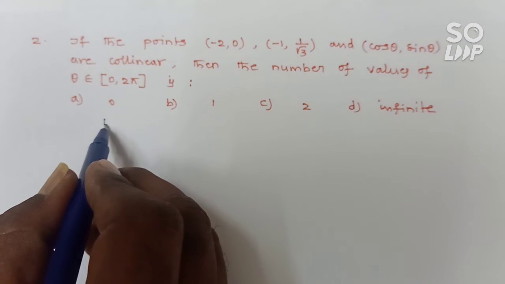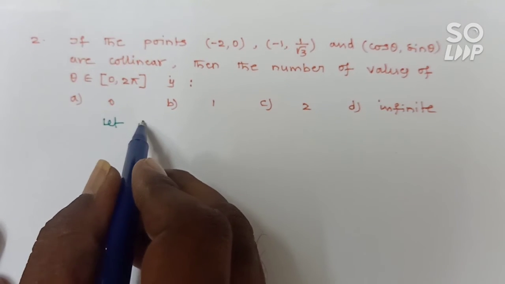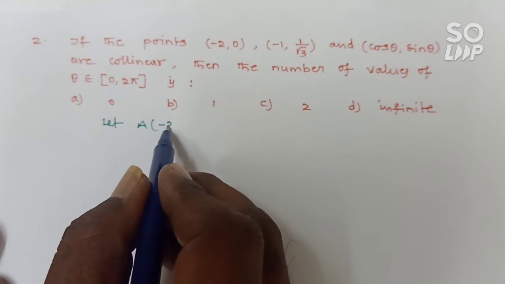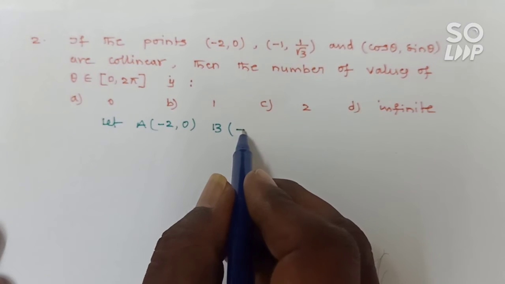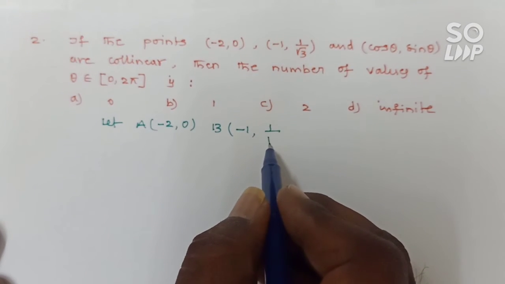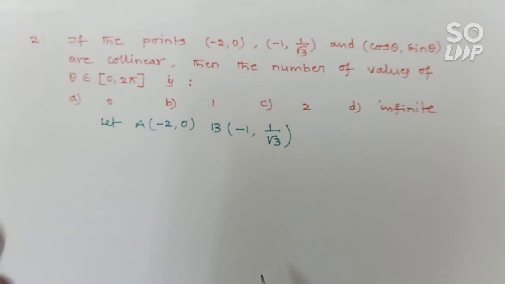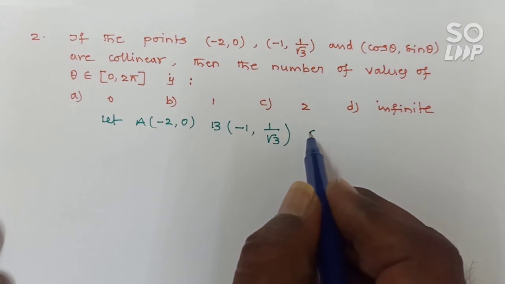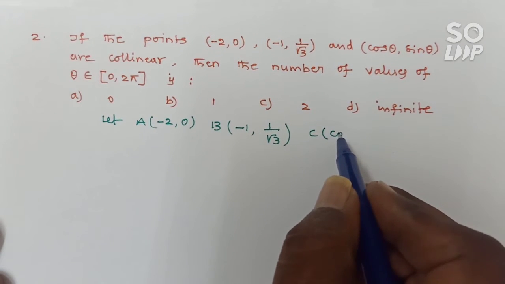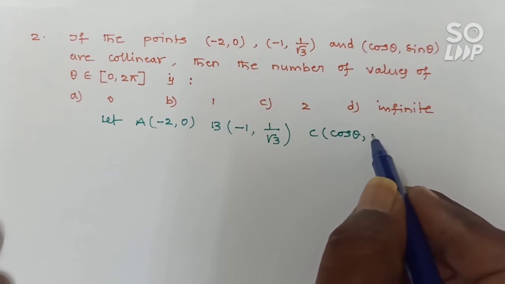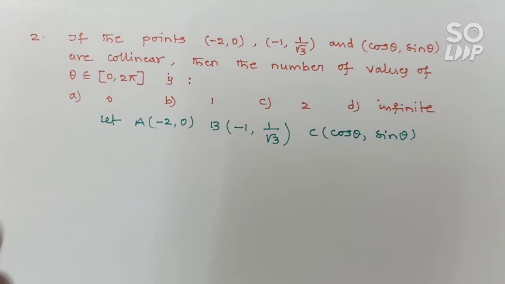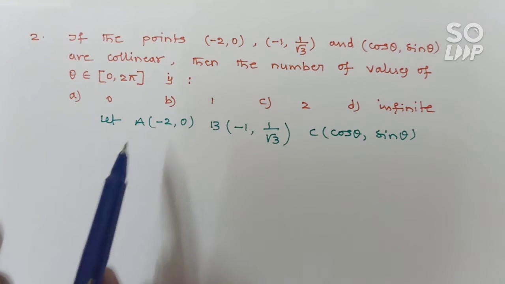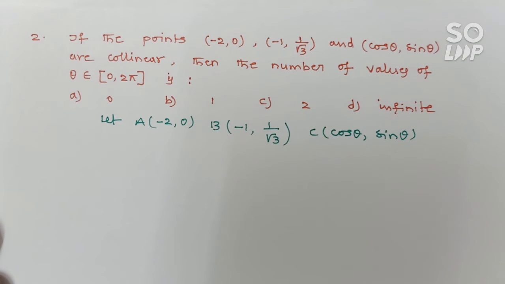Let A be minus 2 comma 0, B be minus 1 comma 1 by root 3, and C be cos theta comma sin theta. Very clearly the given points are collinear.